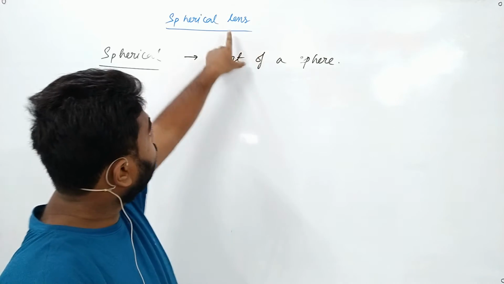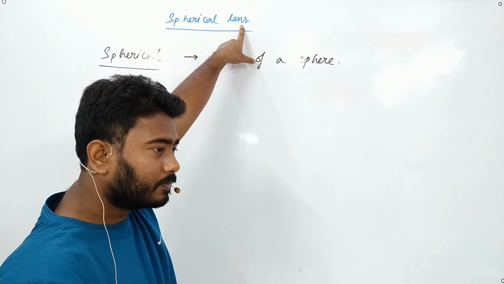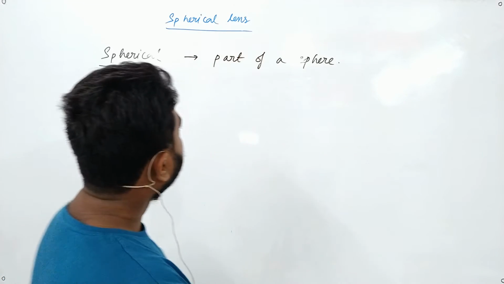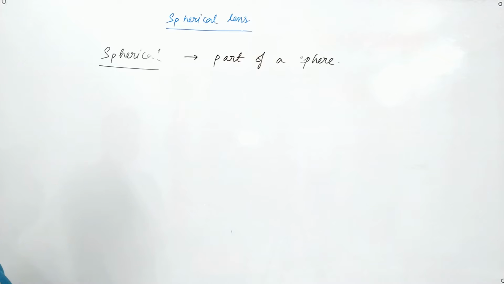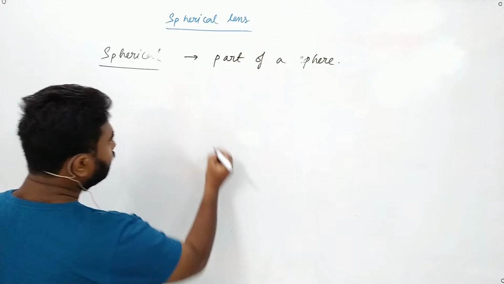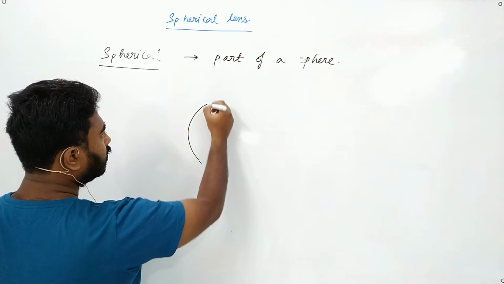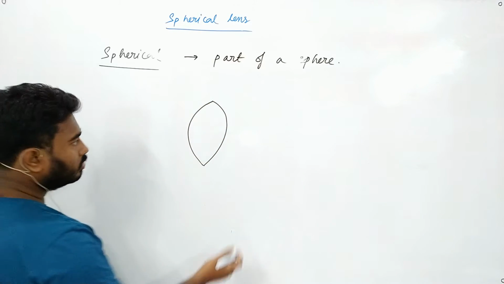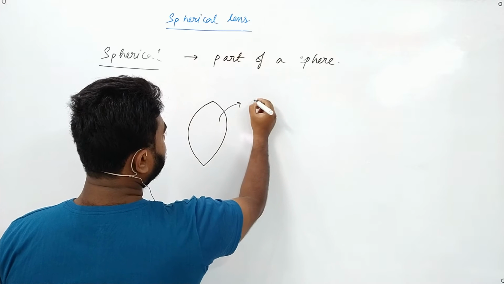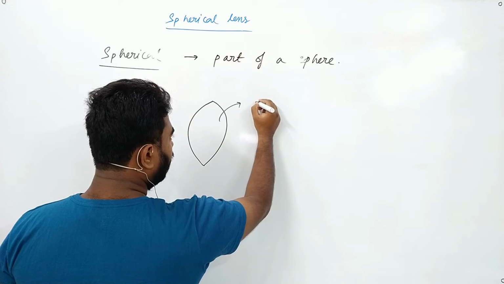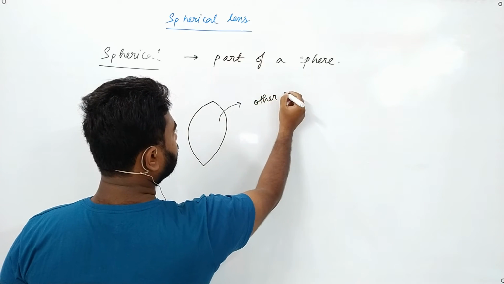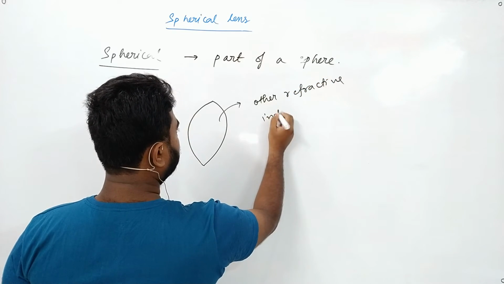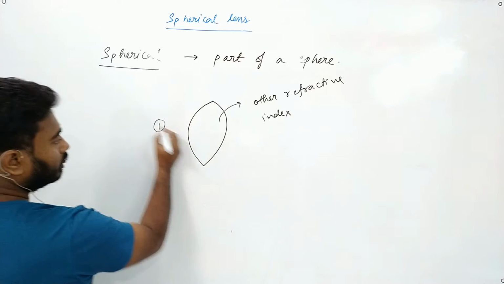Now see, there is the word lens. You should remember, lens means a structure like this or some other type also, where this part has another refractive index than this part and this part.